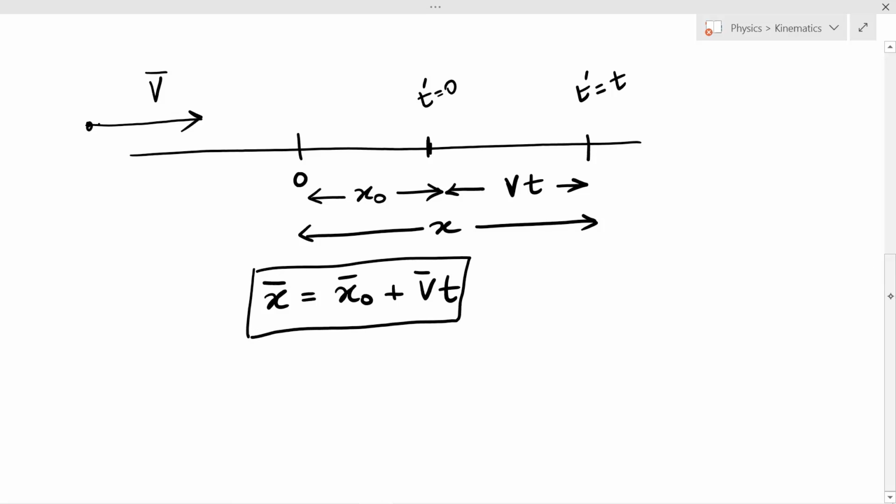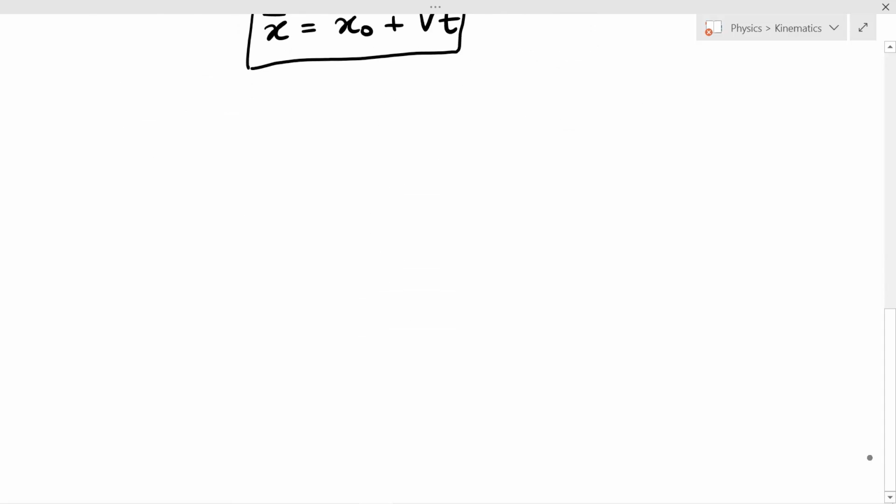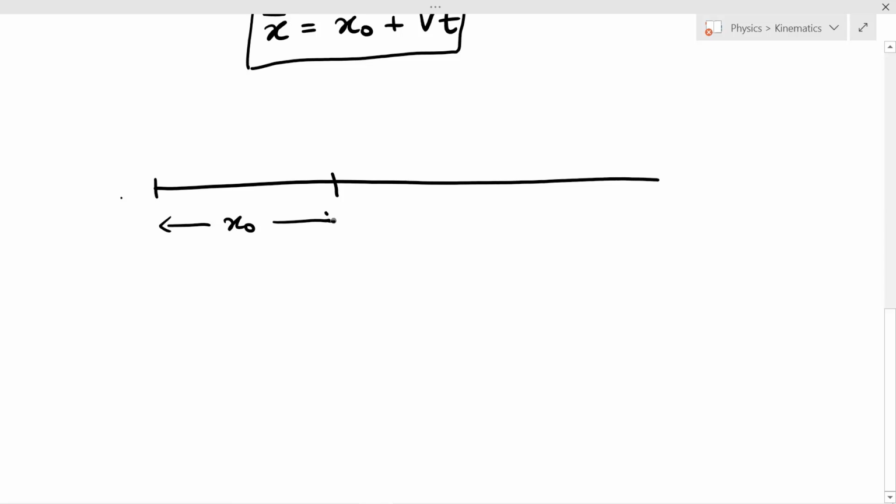Now consider the scenario like this. Suppose I have two objects. Let's say again these two objects are coming with uniform velocities, their individual velocities, let's say v1 bar and v2 bar. And let's say one object comes here at this position x0 and the observer starts his clock.